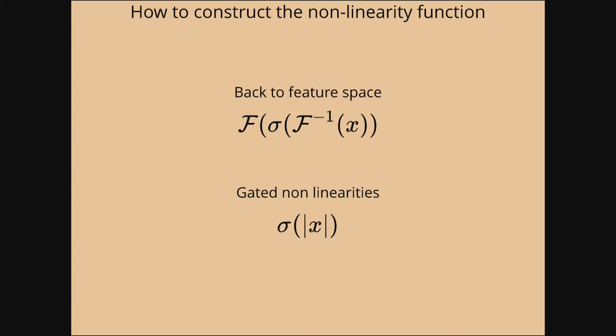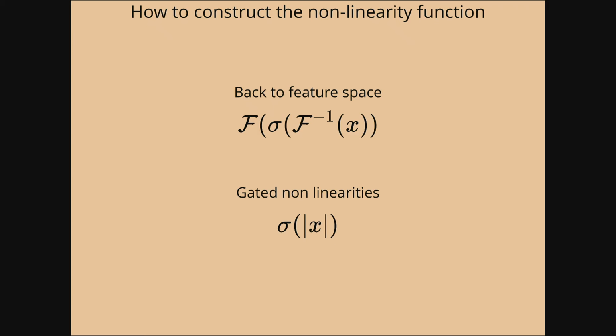Because in all standard neural networks, you can say we just apply sigma pointwise, so it will never break the equivariance. But right now, we cannot say that, because x does not live anymore in the feature space, it lives in the Fourier space, because of the transformation we did.